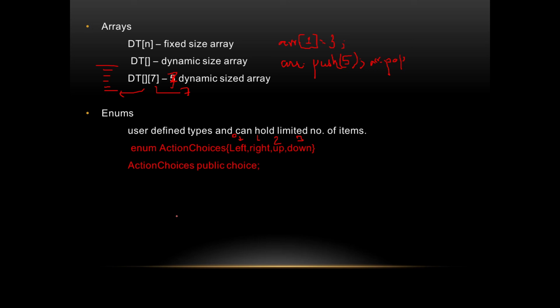And for accessing, you should always remember you have to access it by dot. You cannot use the indexes out here, though it will return it as an index, but you have to always use dot. So how can we use it? Let's say you write action choices dot, let's say down.